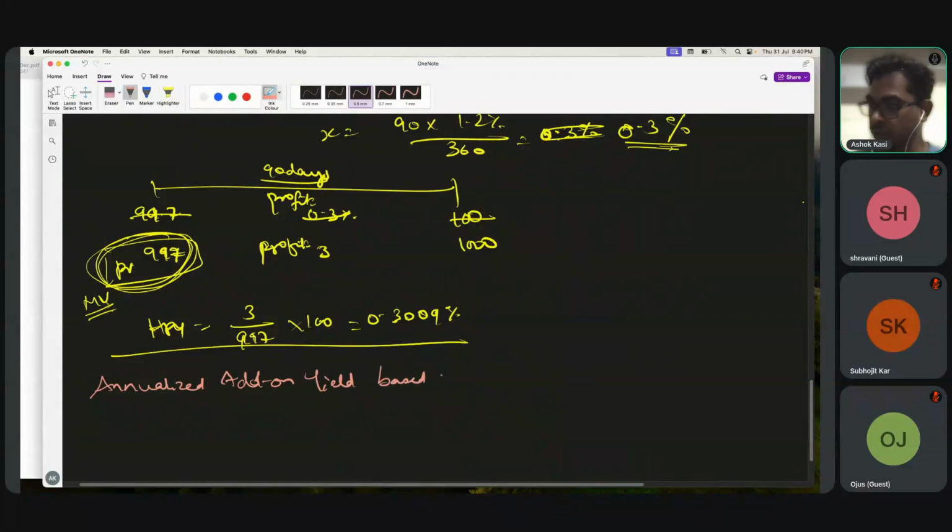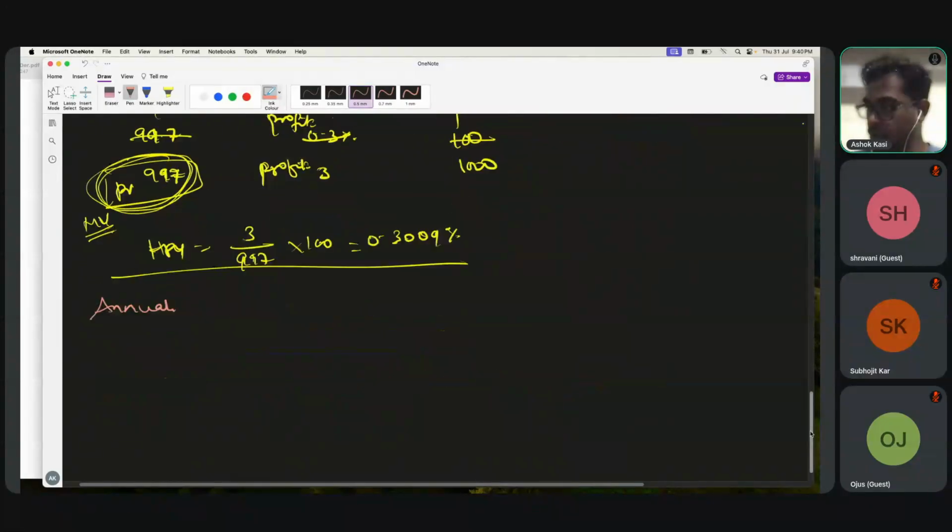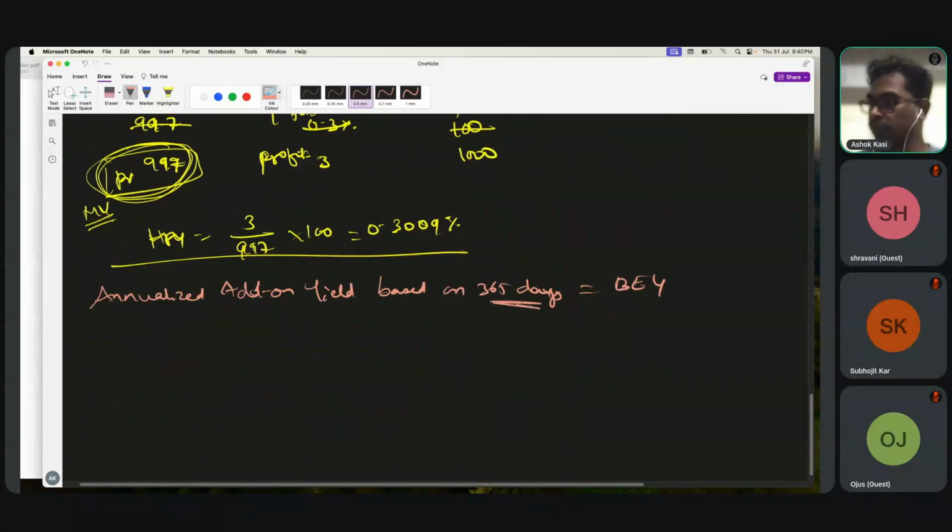When they say it like this, it is equivalent to bond equivalent yield only. Because in a bond equivalent yield, I calculate for 365 days based on add-on yield only. So these two are same only.